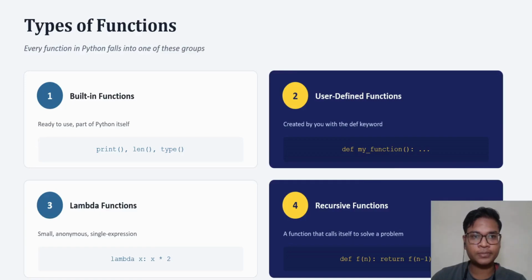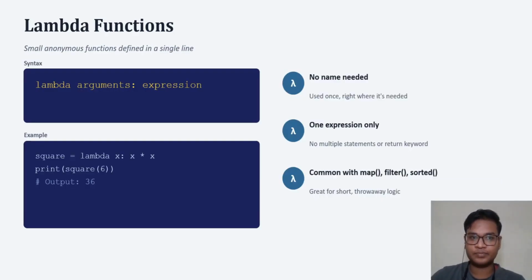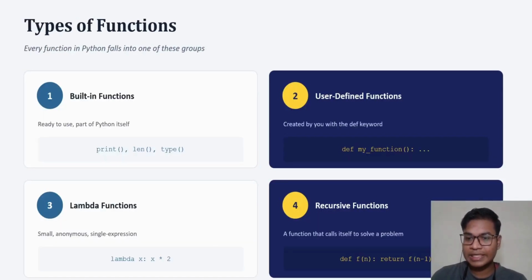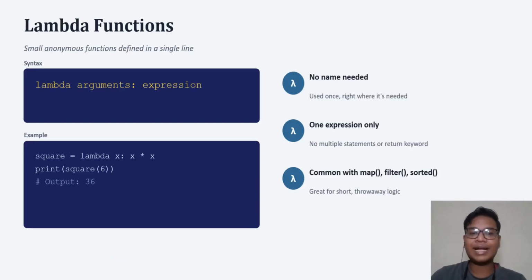So let's move forward. The third thing we have to talk about is the lambda function. What is the syntax? If you remember the syntax, then you can write any code.